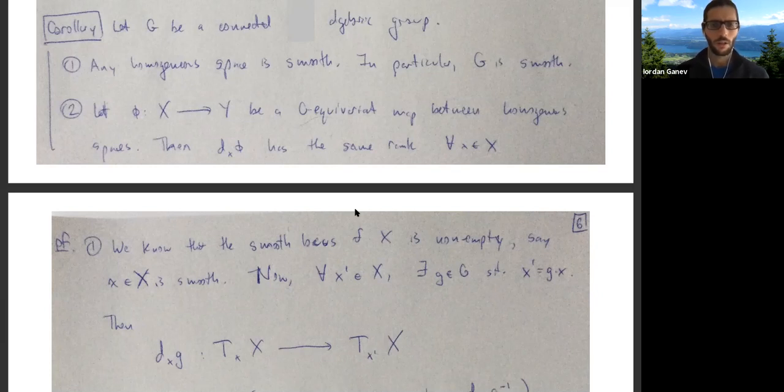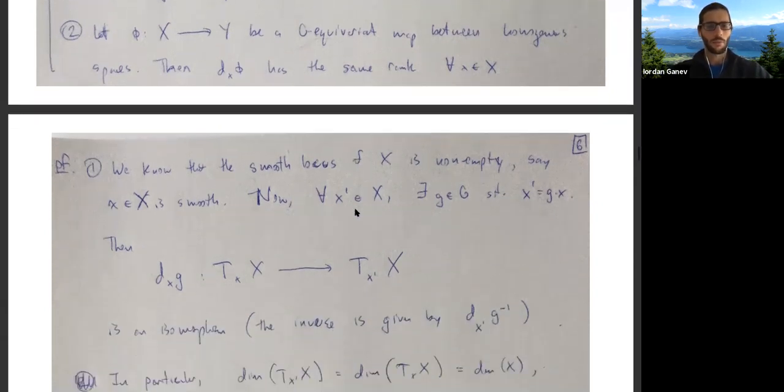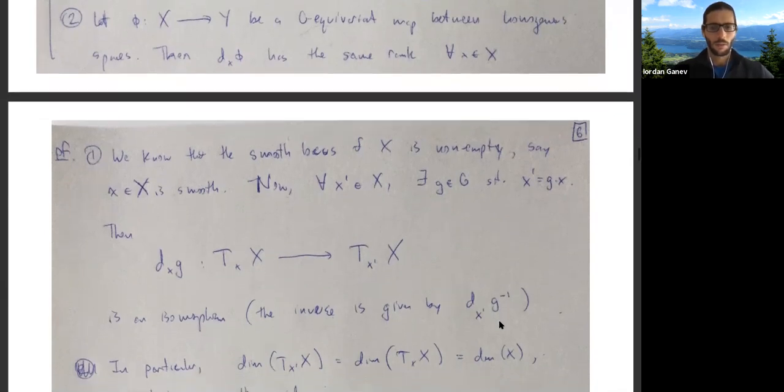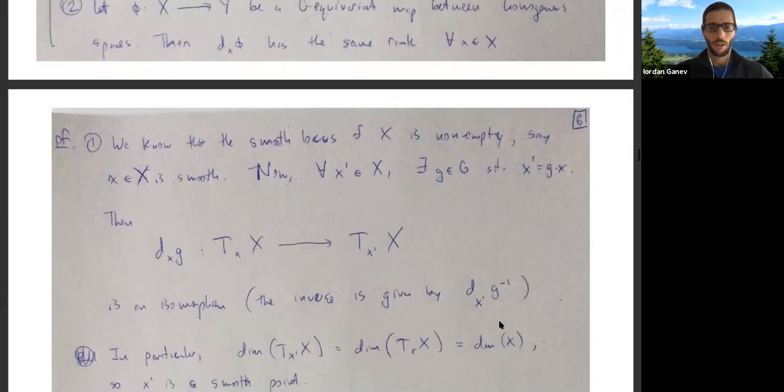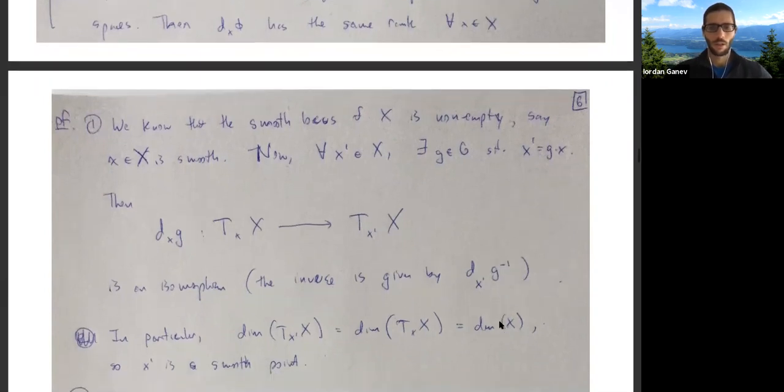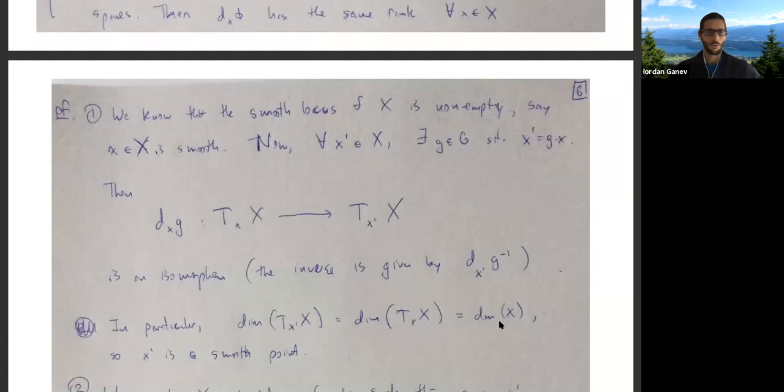If we have another point x prime in X, then since the action is transitive, we can translate x to x prime with an element g. And the map on the level of tangent spaces is an isomorphism because its inverse is given by applying the inverse of g. So in particular, they have the same dimension. And since x was a smooth point, that's equal to the dimension of X. So x prime is smooth.